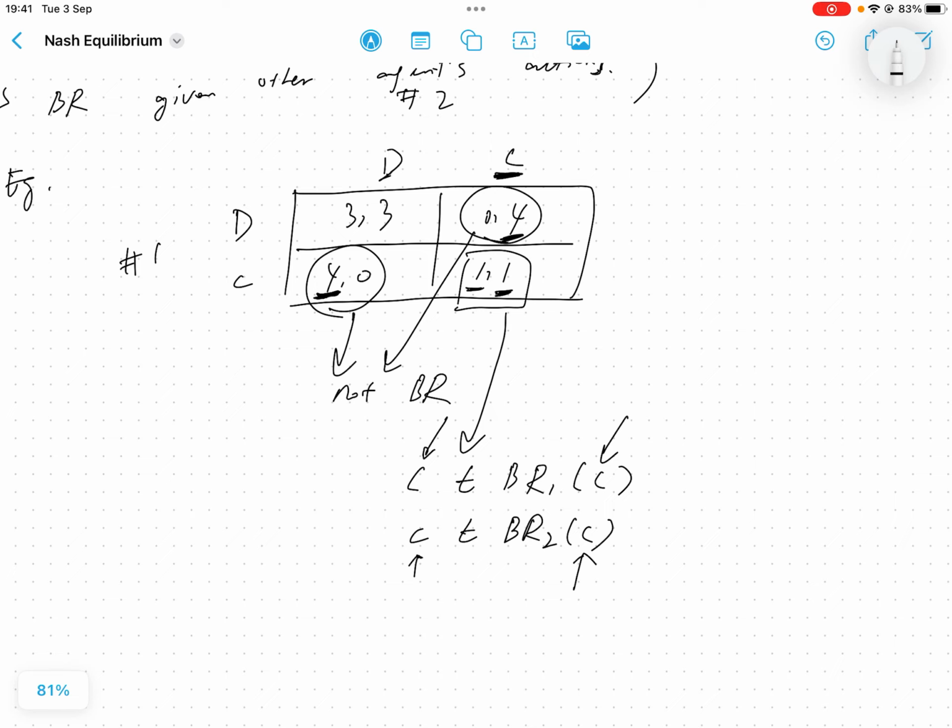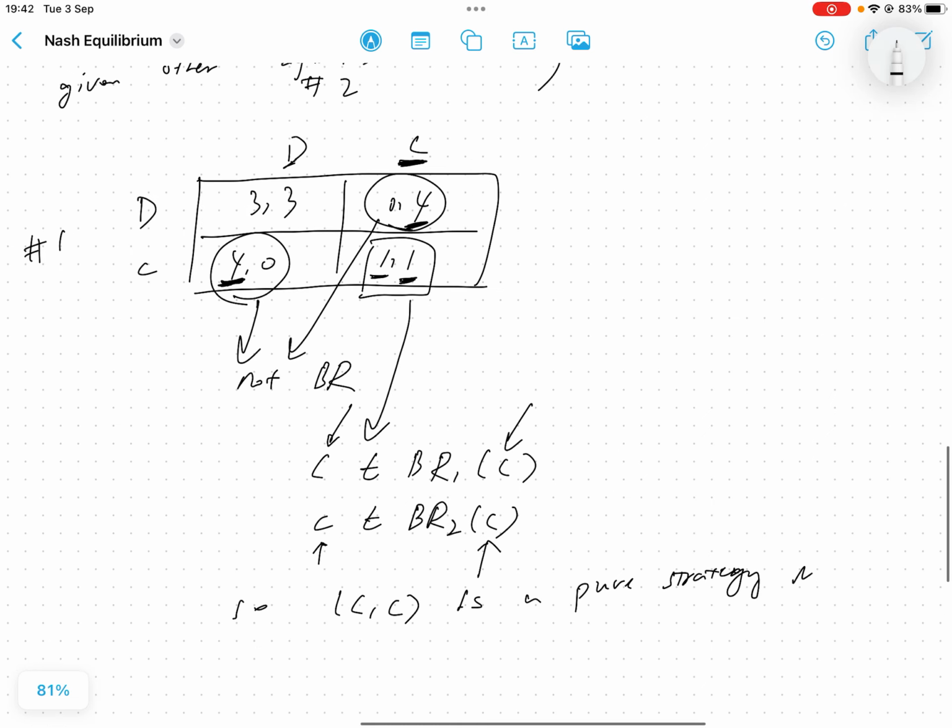So choosing C and C is a pure strategy Nash equilibrium. Later we'll define what pure strategy means, and we will show some more interesting games and some extensions to mixed strategies and Nash equilibrium.